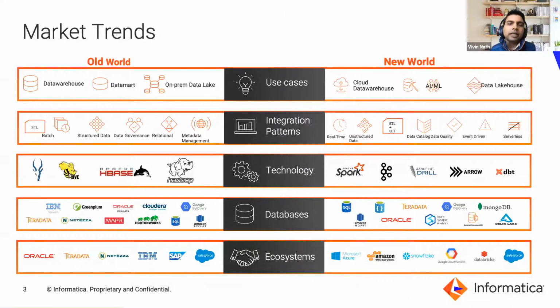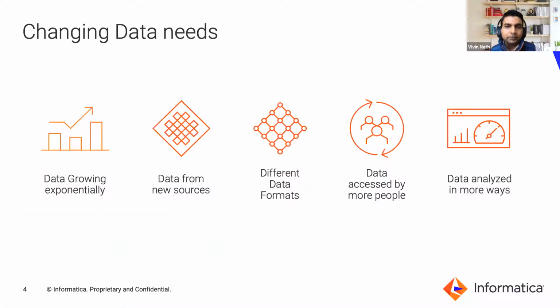Now, you've seen that Hadoop has been replaced with Spark processing. Relational databases have been replaced with NoSQL, columnar, and document data stores. Even the traditional ecosystem giants have been superseded by the new cloud ecosystem hyperscalers.